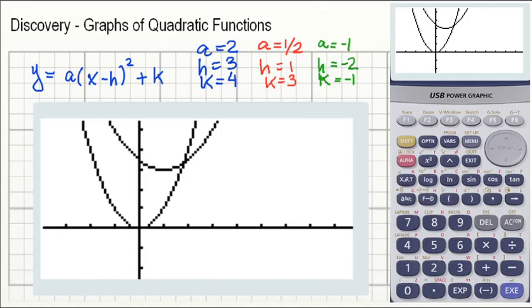Well, a is negative 1, so it should be the same shape but warped downwards. It's going to be concave downwards instead of upwards. h is negative 2, so we would expect it to be shifted to the left by 2 units. And k is negative 1, so we would expect this to be shifted downwards by 1 unit.